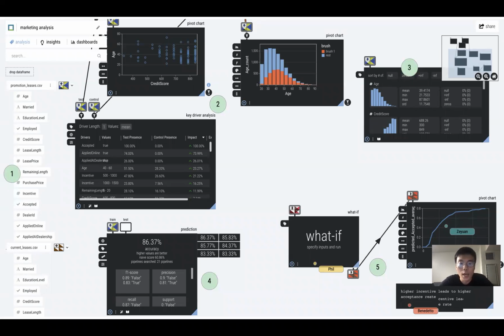At Mark 4, they carry out predictive analytics to find a good machine learning pipeline predicting the marketing outcome through the AutoML operator. At Mark 5, they use a what-if optimization operator to figure out the best marketing strategy to maximize the outcome, which is usually called prescriptive analytics.